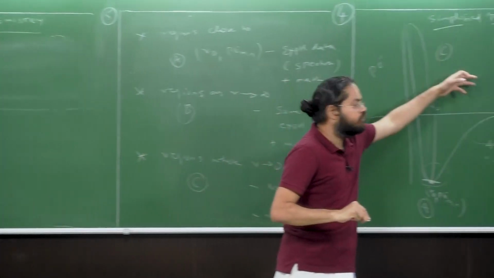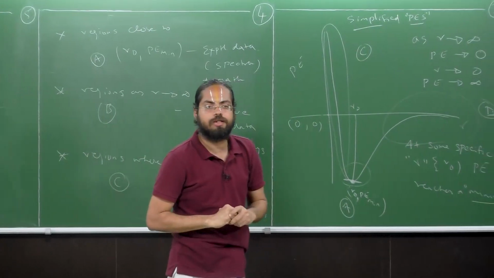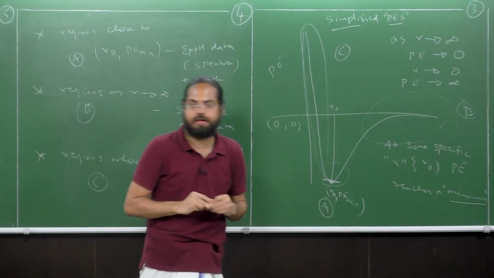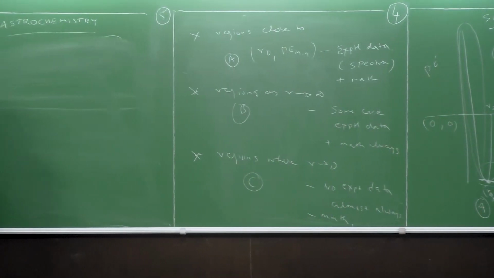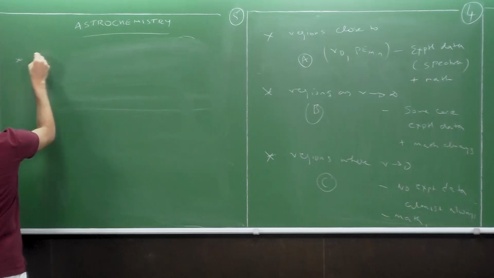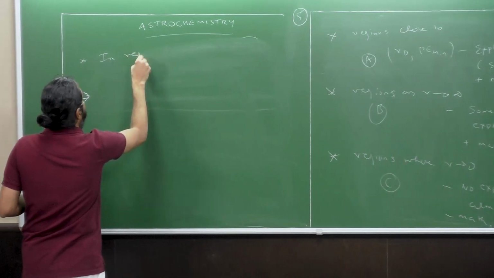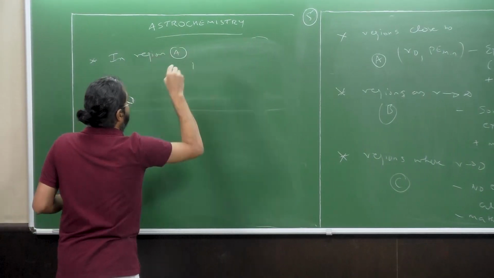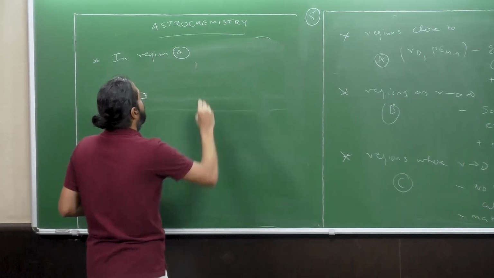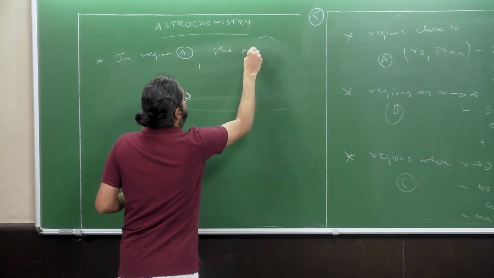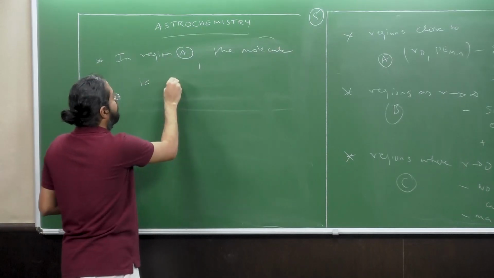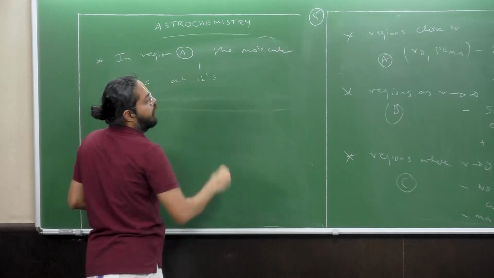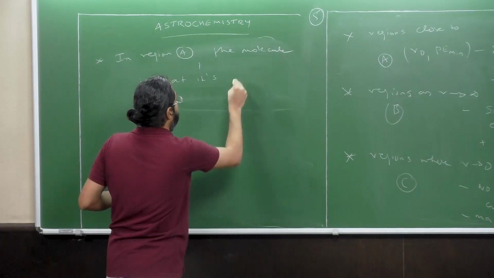The mathematical features are all fine, but what about the physical intuition? What is the picture that we get? The idea that we get is that in region A, the molecule is at its conventional equilibrium geometry.